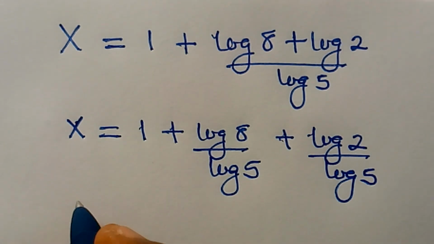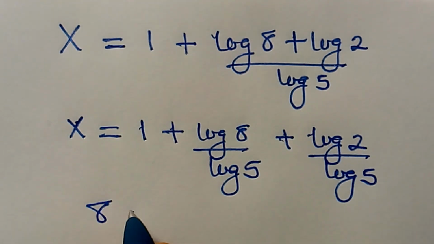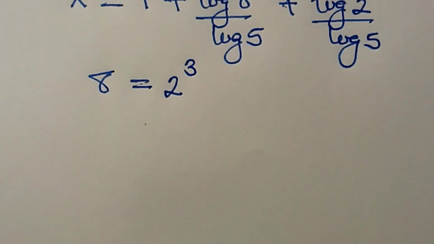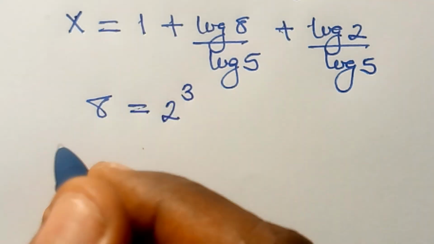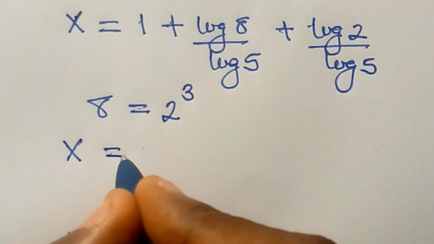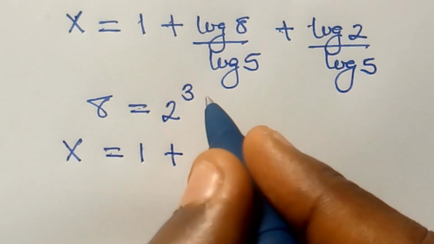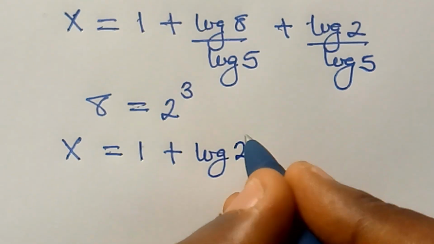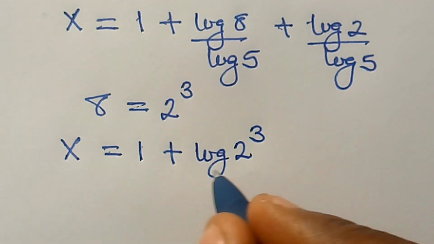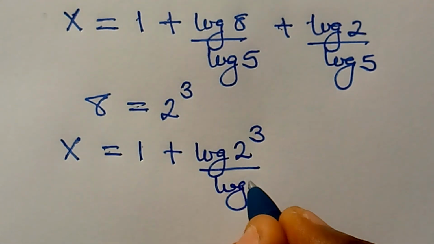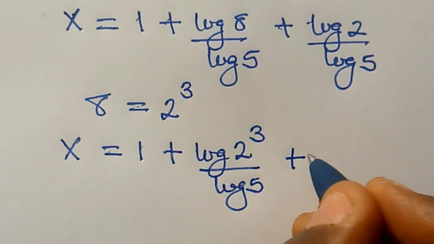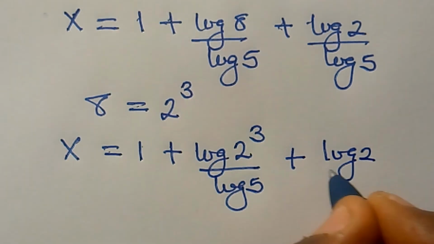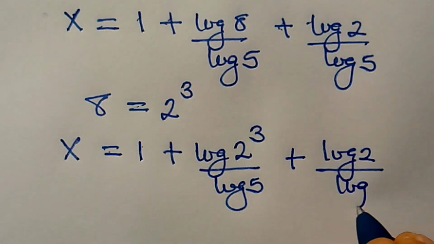Here we know that 8 could be expressed as 2 raised to the power 3, right? So now we'll have x equals 1 plus log 2 raised to the power 3 divided by log 5 plus log 2 divided by log 5.